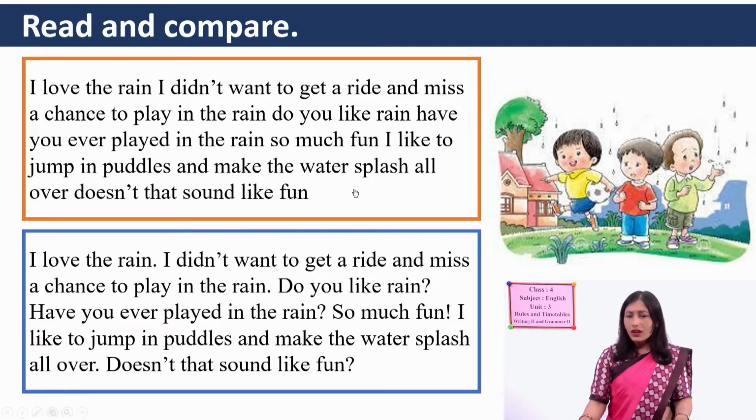Now, let's read the sentence over here. Do you like rain? Question mark. Yes, and the question mark is missing here. So we put a question mark at the end of the question, right? In the same way, you can read other sentences, you can compare.